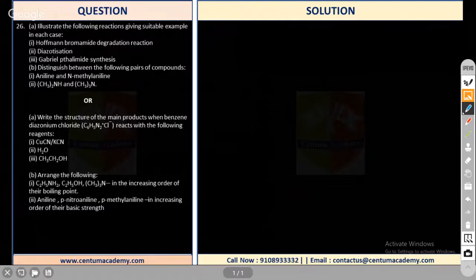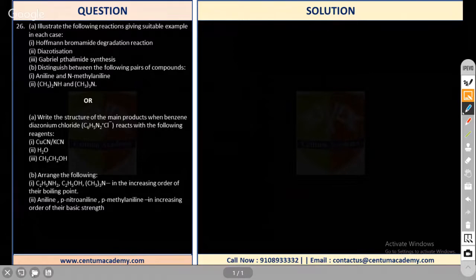So how do we distinguish aniline and N-methyl aniline? Aniline forms pink precipitate, bromine water test, basicity, azodye test.